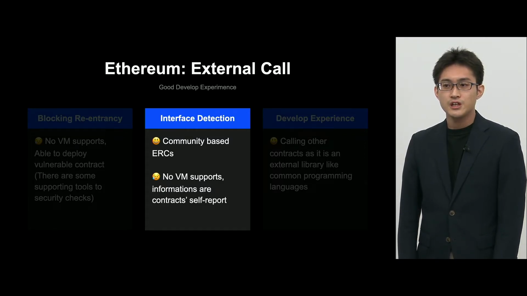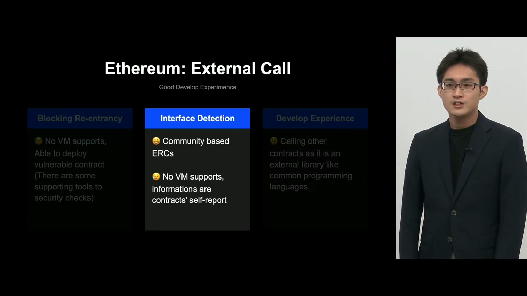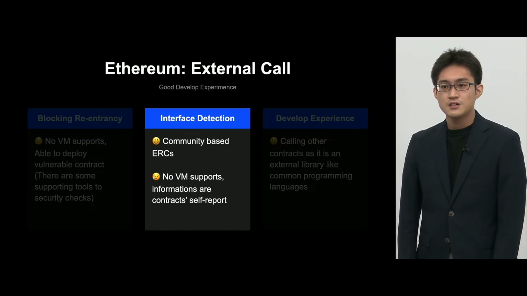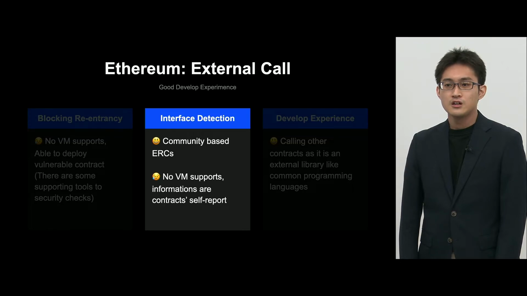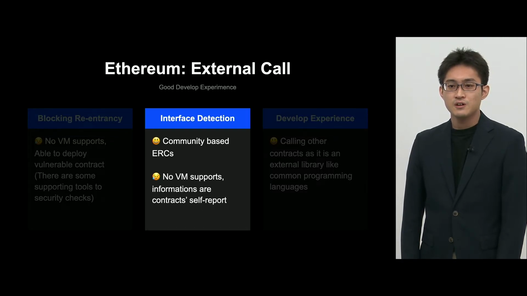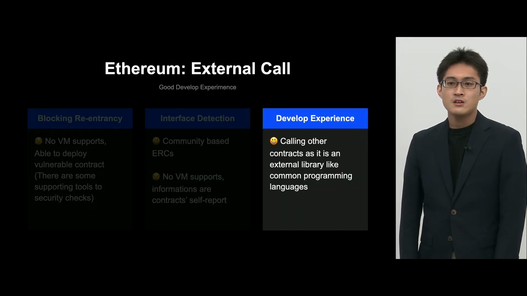Next, interface detection. It has both pros and cons. The good part about this is that ERC in Ethereum is very standard, so you can use interface detection naturally. The bad part is that the chain itself does not support the function, so the information may not be accurate since the interface information of ERC is all based on self-reporting.